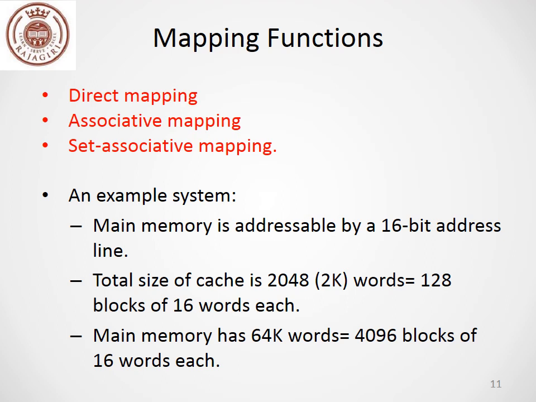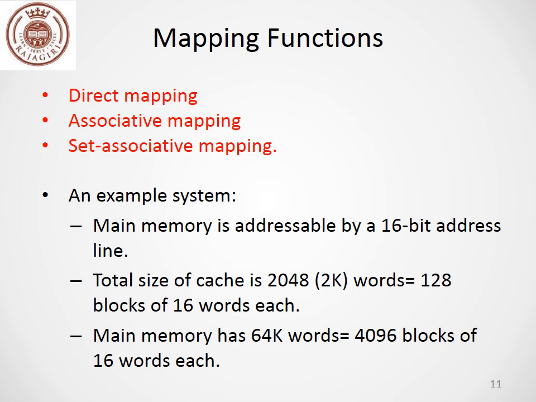Now, to study in detail about these mapping functions, let us consider an example system. This example system has a main memory which is addressed by a 16-bit address line, and the total size of the cache that is available in this system is 2048 words. These 2048 words are actually 128 blocks of 16 words each.